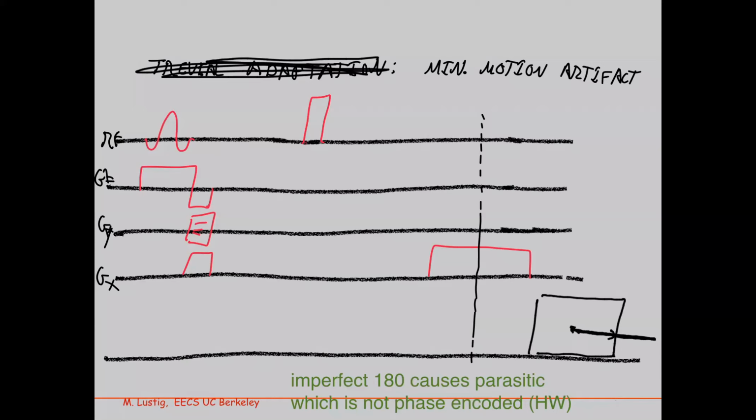But the computer on the scanner takes this data, for phase encode number 1, and places it in a matrix over here. And then for the next phase encode, you take again the data that you collected and place it over here. So a dumb computer will just fill in exactly the same data n times. And this is just the contribution from this parasitic signal.